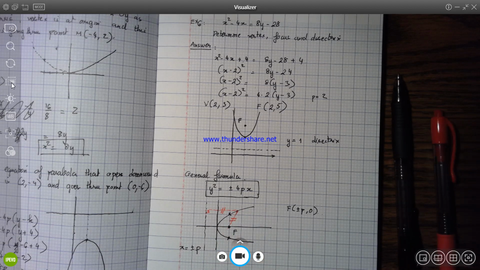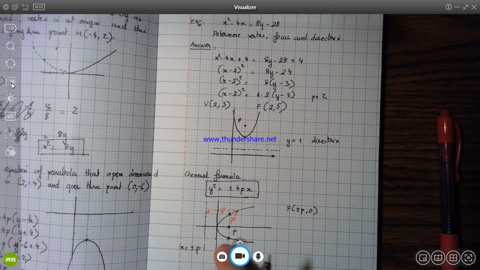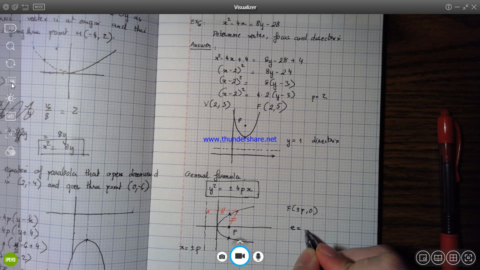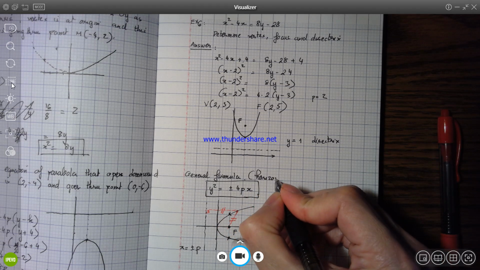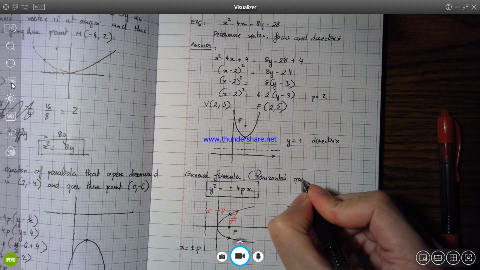Because my parabola is not to scale, it doesn't look congruent, but it must be. So the eccentricity, e, must be 1. But this is for the horizontal parabola, so I'm gonna put over here horizontal parabola.